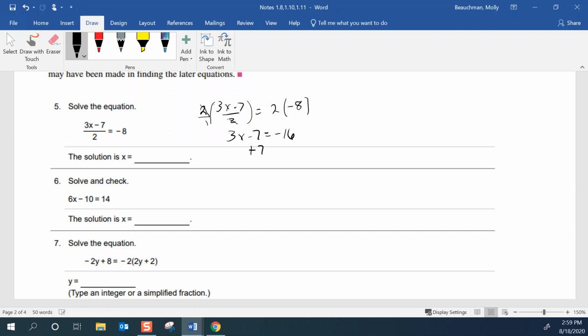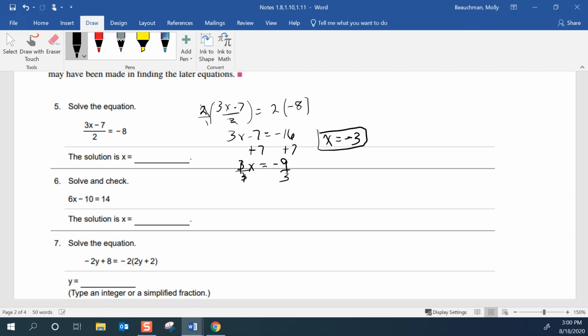Add 7 to both sides. We end up with 3x is equal to -16 plus 7, which is -9. Divide both sides by 3. And we end up with x is equal to -3.